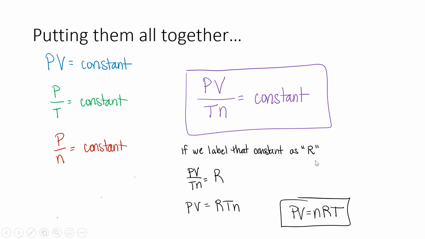And then we label this constant R. So if you look on your equation sheet, you'll see R. It's just a letter we picked to represent that constant. And so PV divided by nT is equal to R. Most often you see it written this way: PV equals nRT. So pressure times volume equals the moles times the gas constant times temperature. And this is what we will be using next, the ideal gas law.